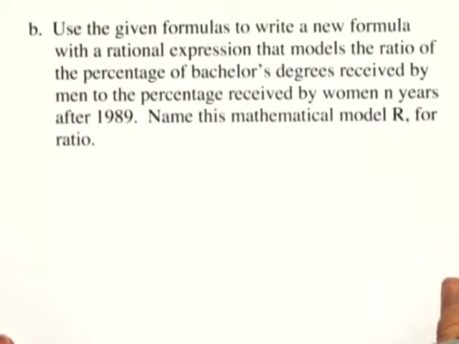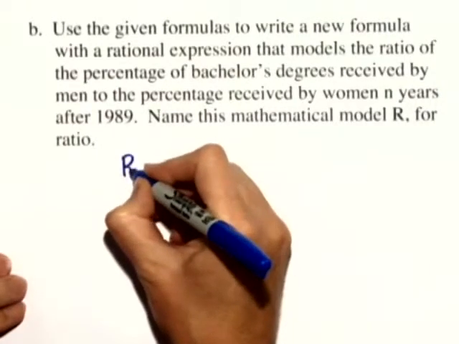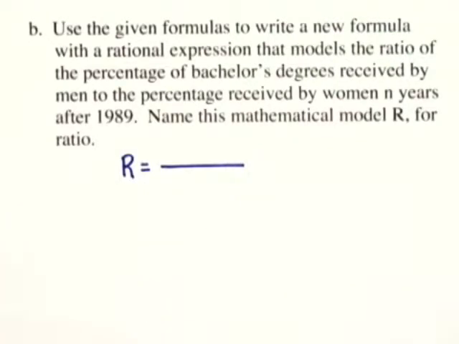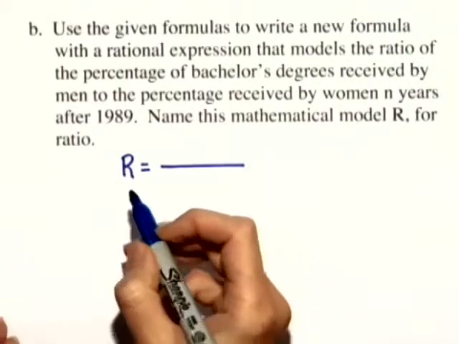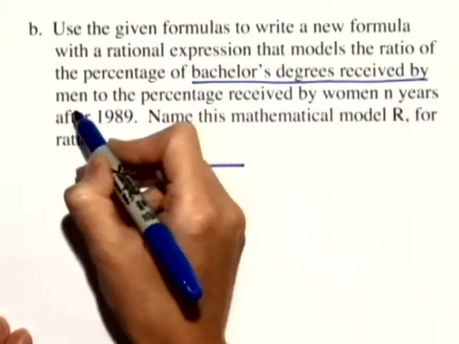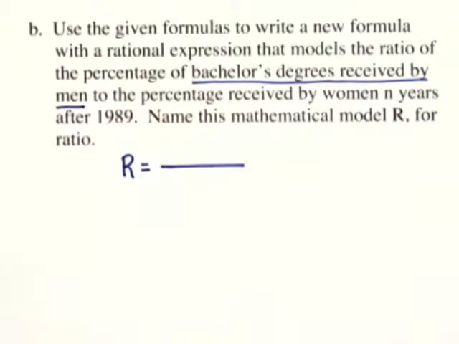In Part B, we want to use the given formulas to write a new formula with a rational expression that models the ratio of the percentage of bachelor's degrees received by men to the percentage received by women n years after 1989. Name this mathematical model R for ratio. Whenever we write a ratio, we write in the numerator the first item given. In this case, we want the ratio of the percentage of bachelor's degrees received by men up in the numerator.